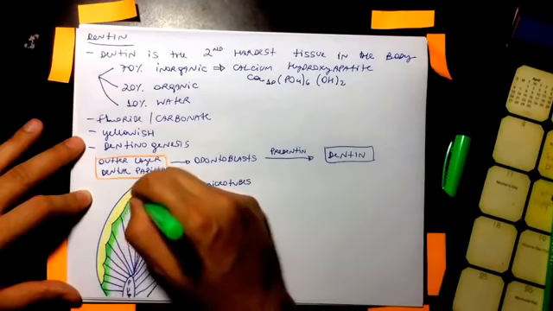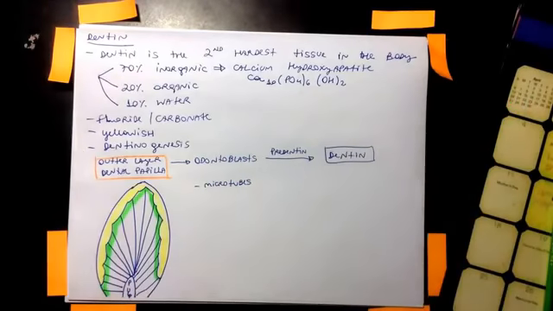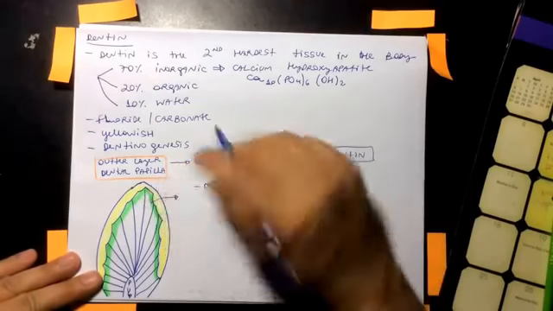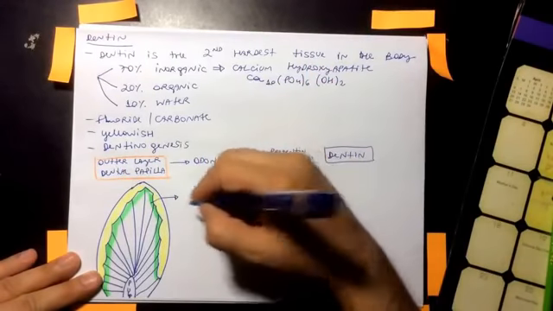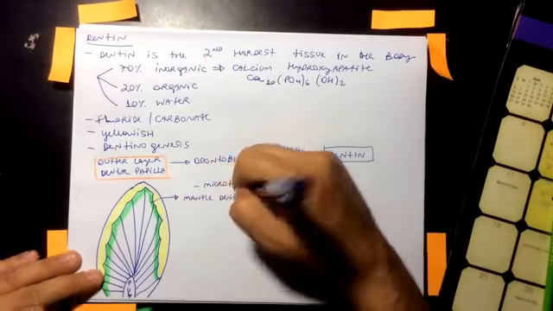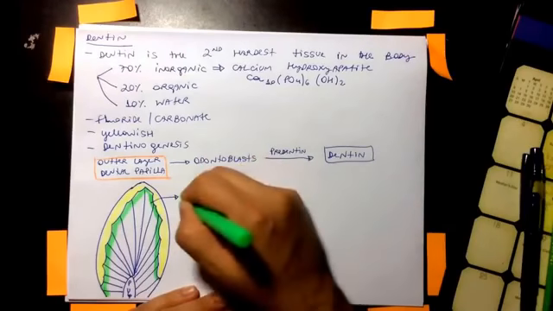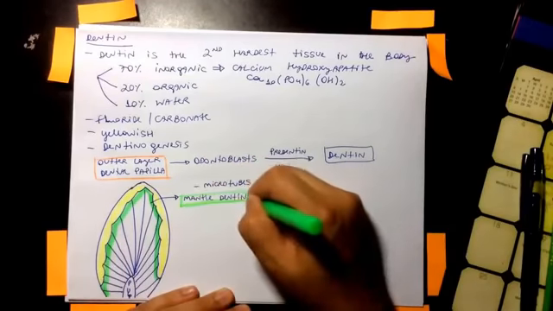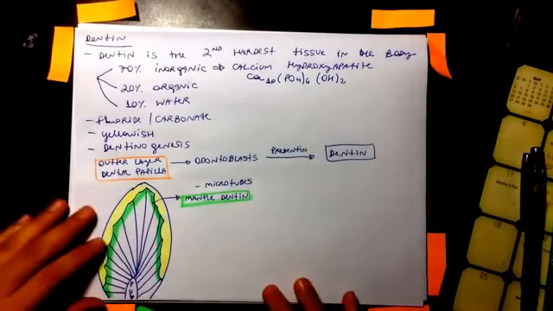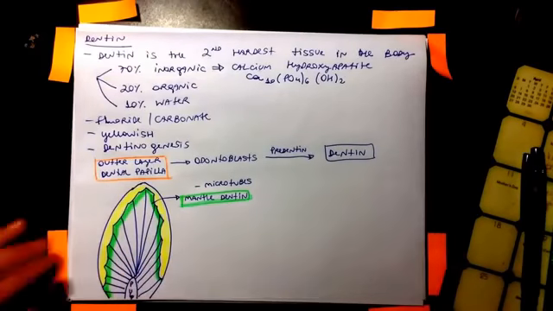Okay, so this green part, which is the external part, we're gonna call mantle dentin. Mantle dentin is the outermost layer of dentin. It's the first dentin to be produced, right? Because dentin grows from inside to outside.